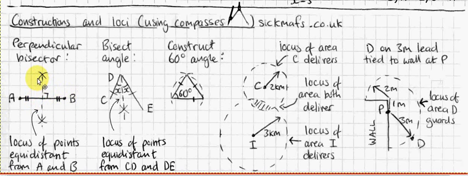Because what I'm trying to do, just so you can see in advance, is create these crosses which are halfway between these two points. So this cross is halfway between here and there, and this cross is halfway between there and there. And to do that, you need your compass spread more than half the width of this line.